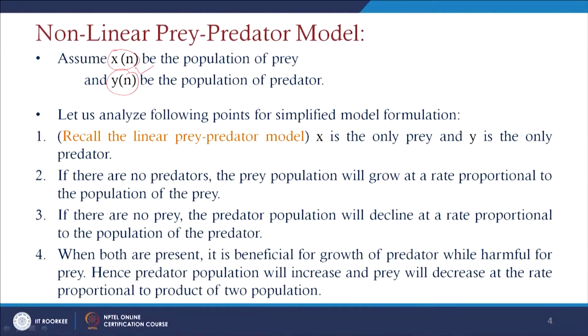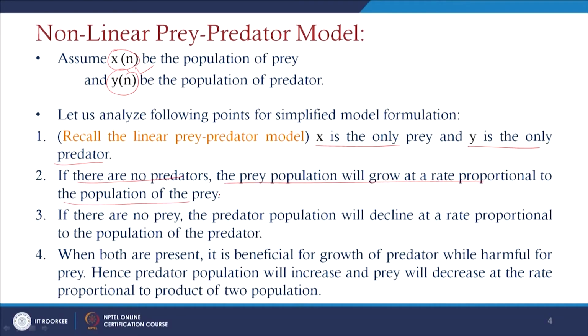Recall the linear prey-predator model, where x is the only prey and y is the only predator. If there are no predators, the prey population will grow at a rate proportional to the population of prey. Already we have explained this.